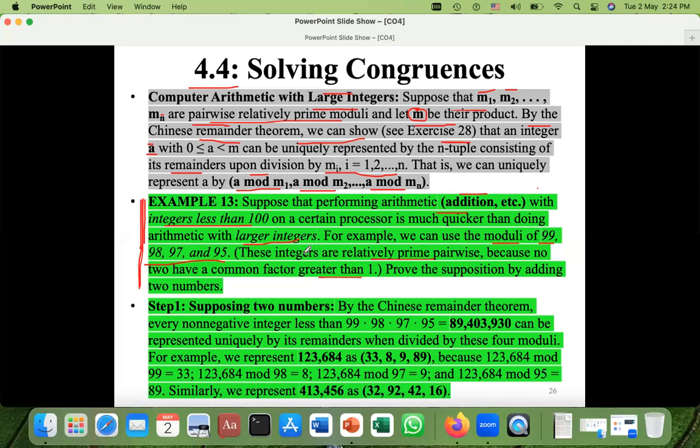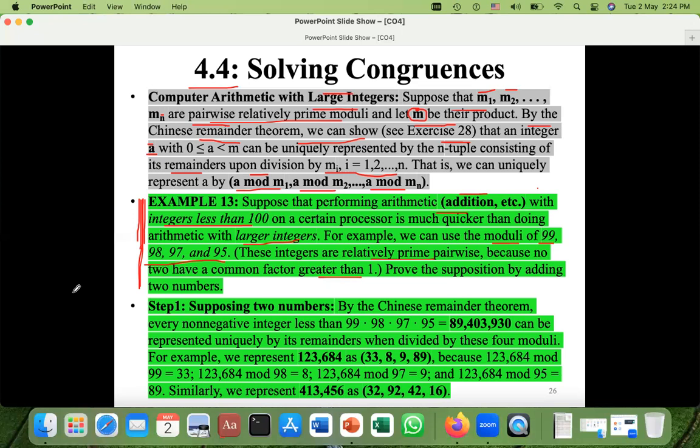So now we are going to transform. This idea gives strength to the approach that you have to transform your large integers into small integers, and then do the arithmetic. That is basically the thing.